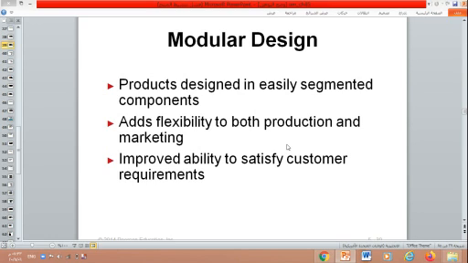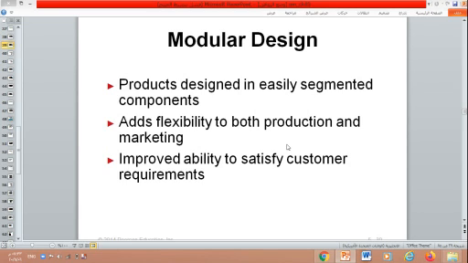So modular design means subdividing the system into parts, which are called modules, or dividing the product into components, which are called modules. So the product is designed in easily segmented components.